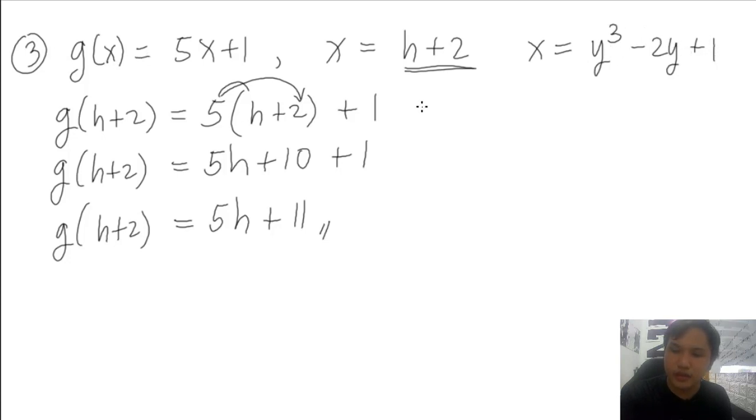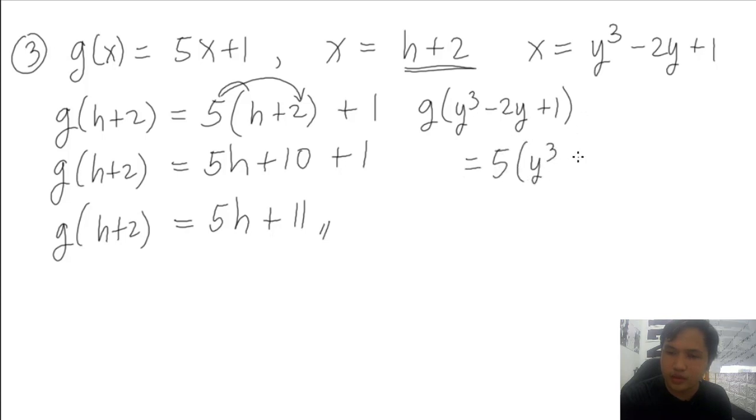So, we have g of y cube minus 2y plus 1 equals, lagay ko dito, hindi kasya, 5 times y cube minus 2y plus 1 plus 1. Then, simplify natin.